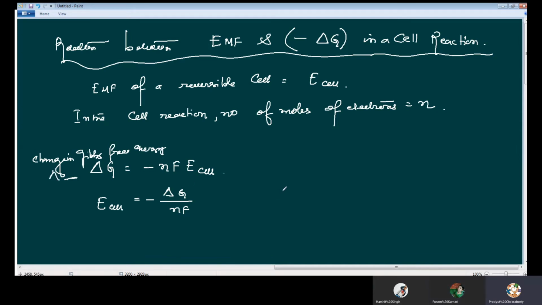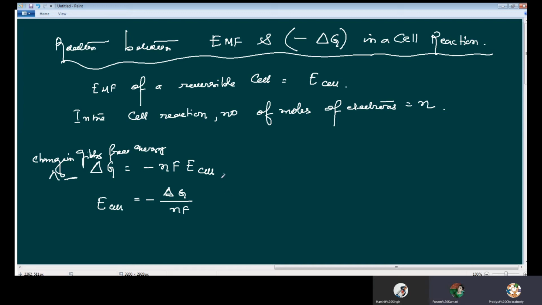So what are you finding from here? The Gibbs free energy and nF, the amount of electrical charge, are both extensive. The ratio of these two properties represents an intensive property.